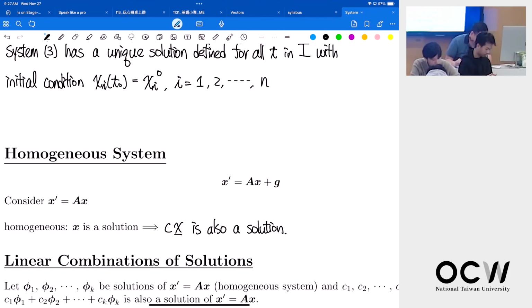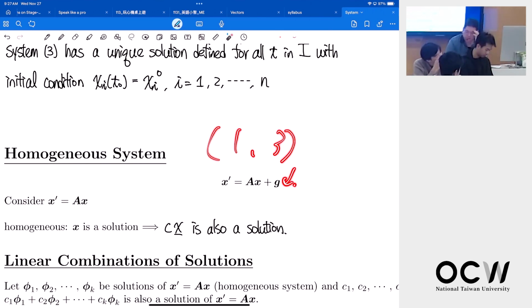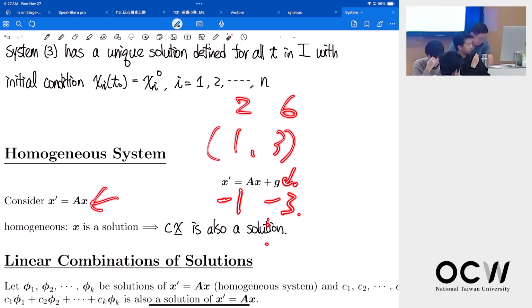Suppose (1, 3) is a solution for 2 dimensions. Then (2, 6) or (-1, -3) is also a solution that will satisfy this equation.